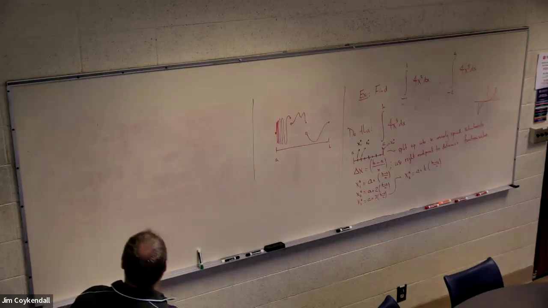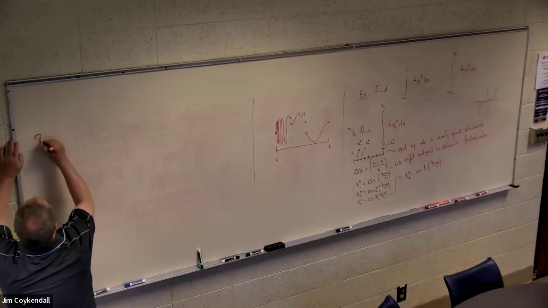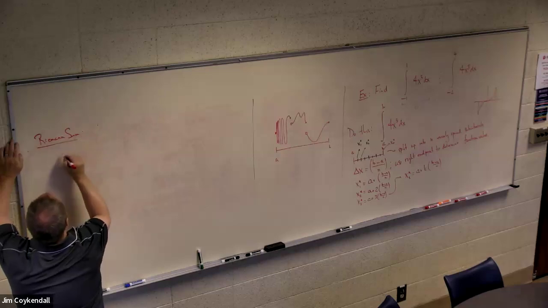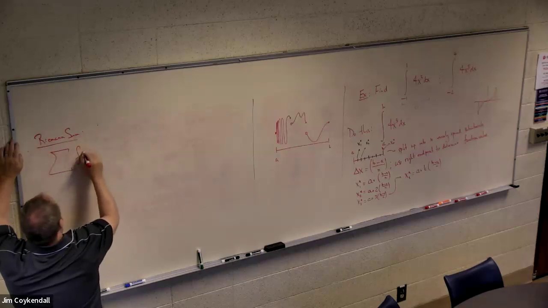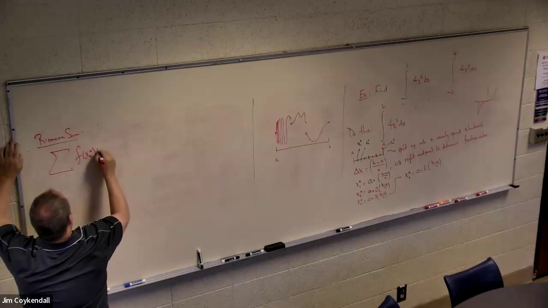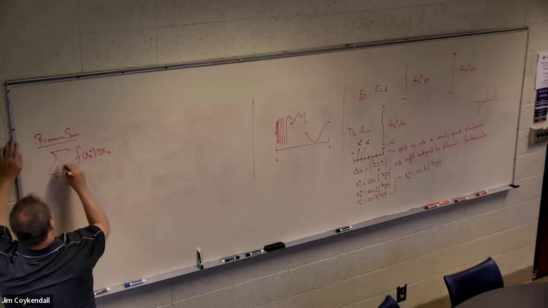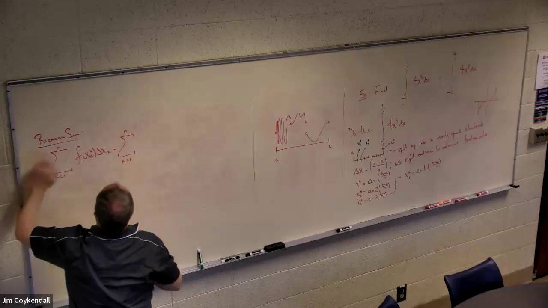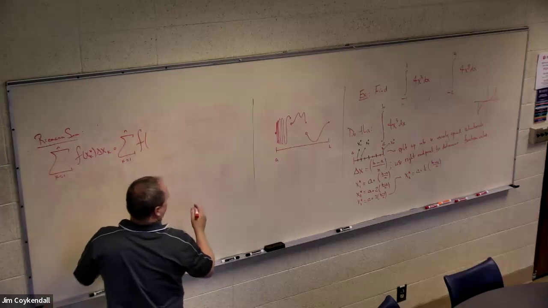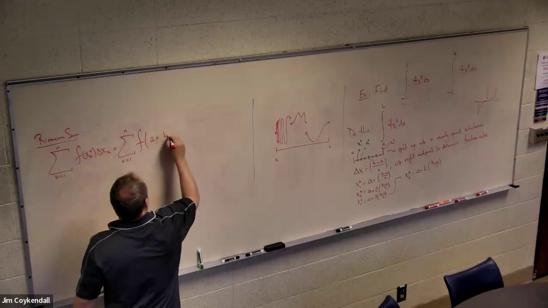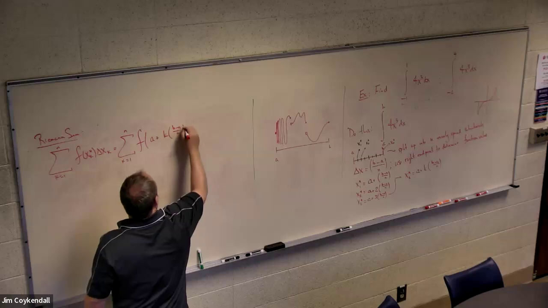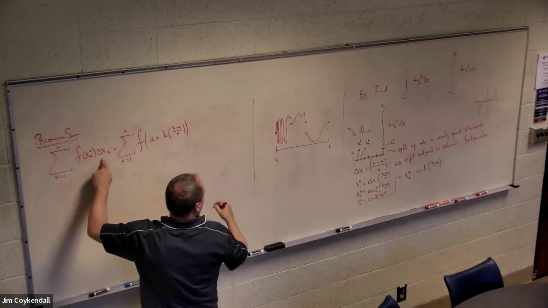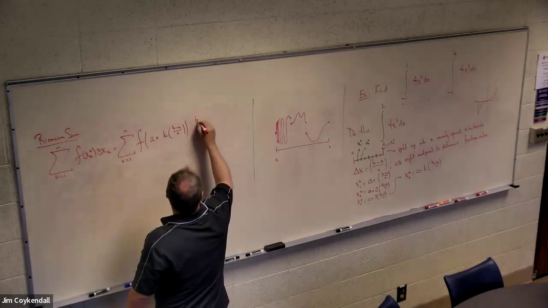Okay, so let's form the Riemann sum. Sum of f of x_k star times delta x_k, which for our case should be f of whatever this awful thing is, a plus k times (b minus a) over n, times delta x_k, which in our case is (b minus a) over n.